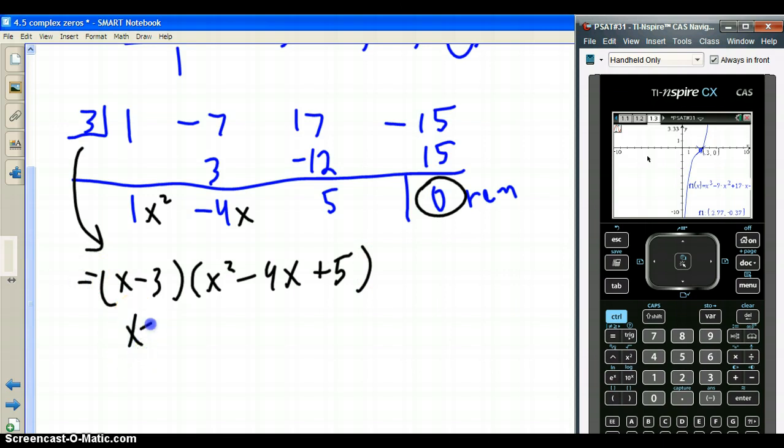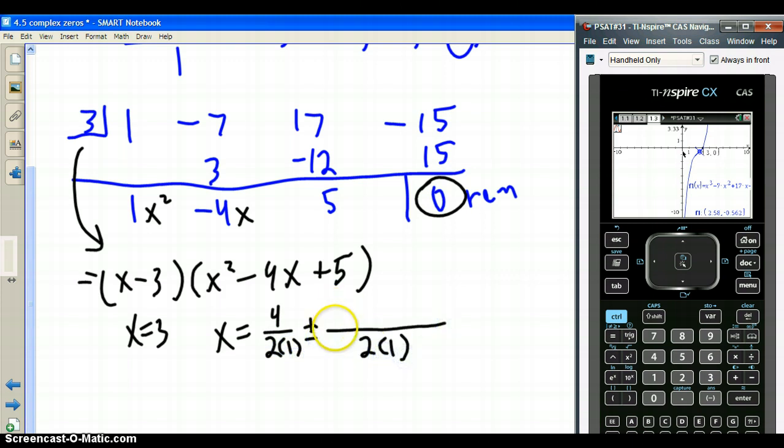And so the solution, of course, is x equals 3. Well, we got that one from the graph right here. And then guess what we're going to have to do here? Unless it factors, let's see if it factors. Factors of 5 that add to 4, almost, but I don't see that. So at this point, I would apply the quadratic formula. Negative b would be 4 over 2 times 1, plus or minus the square root of b squared, which in this case would be 4 squared is 16, minus 4 times 1 times 5.